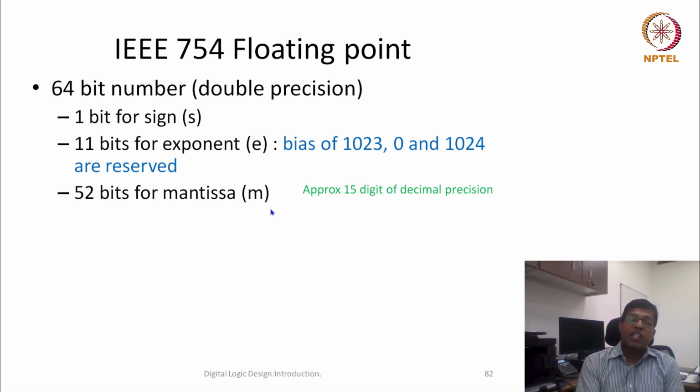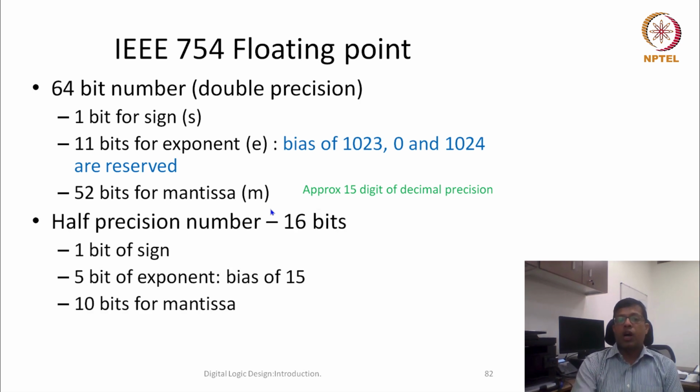Sometimes we also require to be efficient in computation as well as efficient in space. Space means how many bits are required to represent some number. That's why sometimes we also use half precision floating point numbers. Half precision floating point numbers are represented in 16 bits.